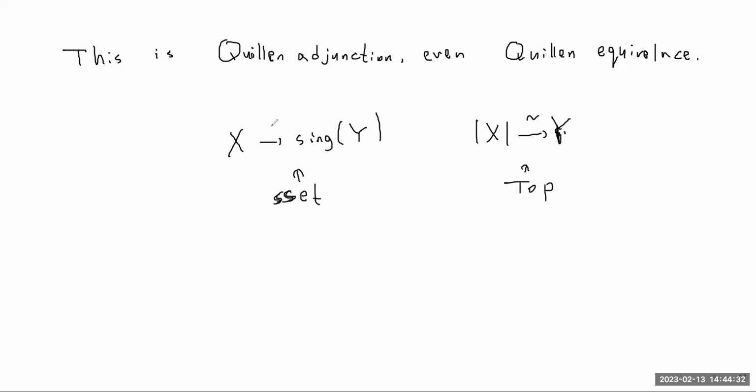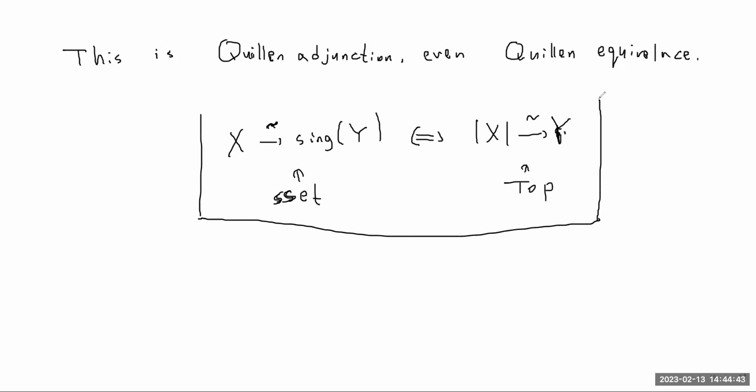We didn't define weak equivalence, maybe we will later, but this is the reason why people sometimes say topological spaces or simplicial sets. This is why simplicial sets are a real combinatorial way to describe topological spaces and to preserve the homotopy theory there.